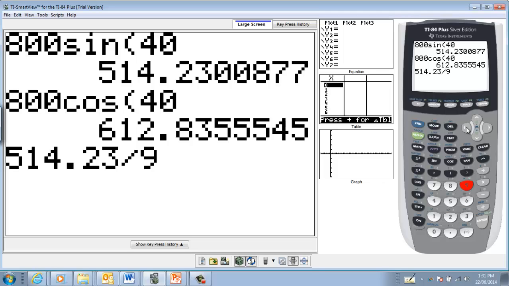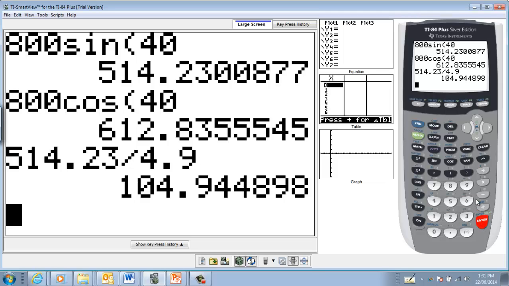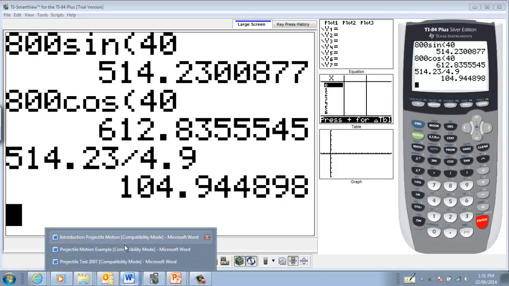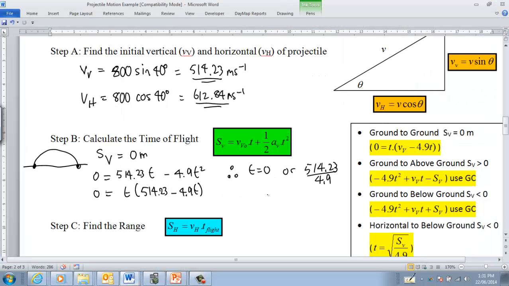Sorry, not 9.8, 4.9. And that will give us an answer of 104.9 seconds. So let's go back to that. So that's our time of flight. So it's either t equals 0 or 104.9 seconds. So it's in the air for a fair while because, literally, a cannonball will travel a fair distance, and we're going to work that out next.